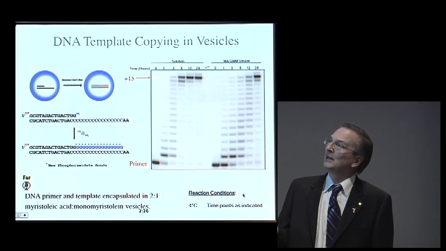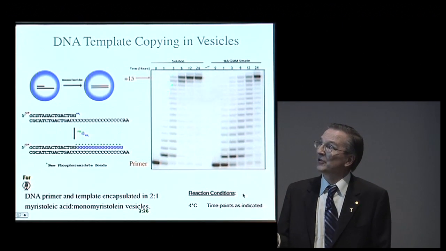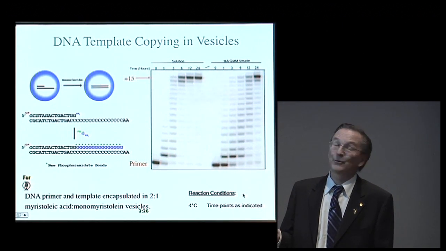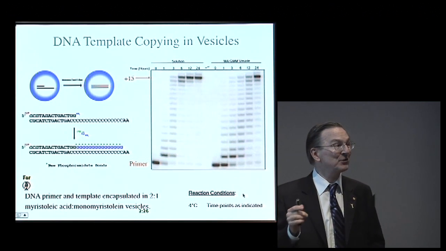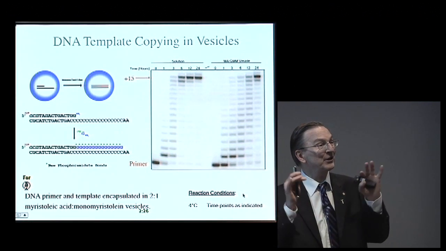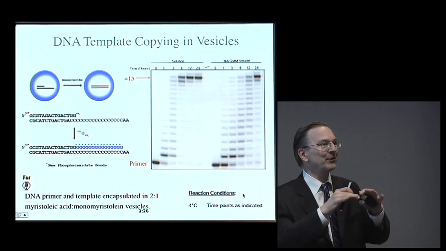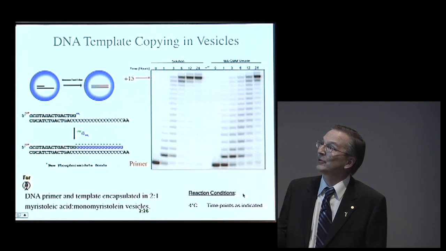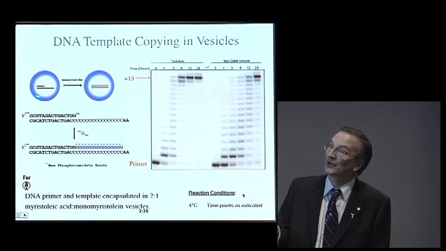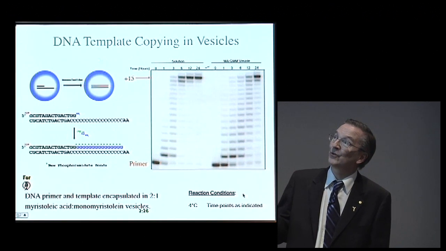We don't, and I'll talk more about those problems in a minute, but this was actually good enough for us to do a really important experiment, which is to test the idea that this kind of copying chemistry would be compatible with our membrane system. The experiment is shown over here, where we put this primer template inside the vesicle and then add the nucleotides to the outside.